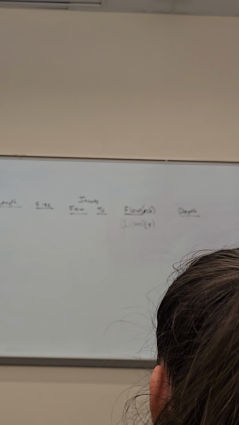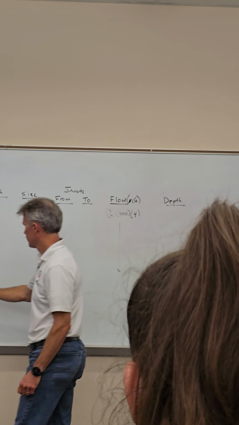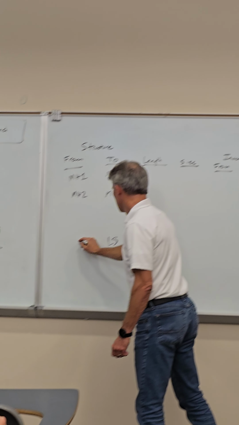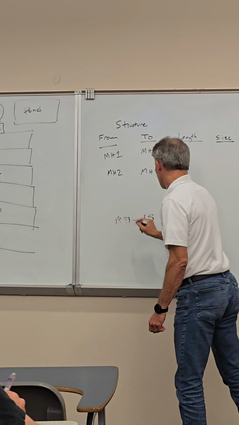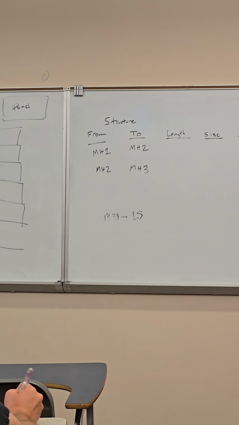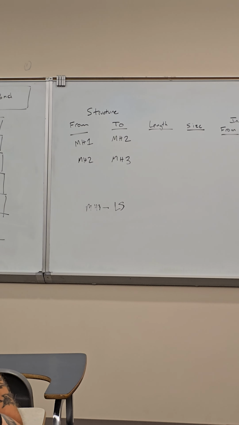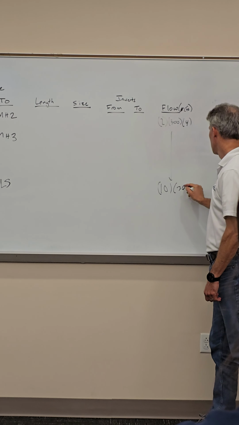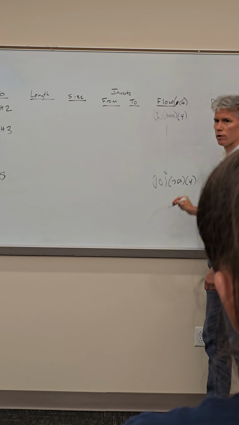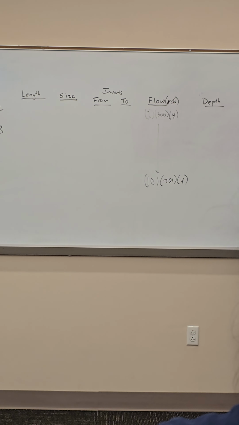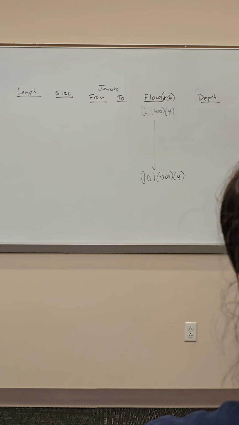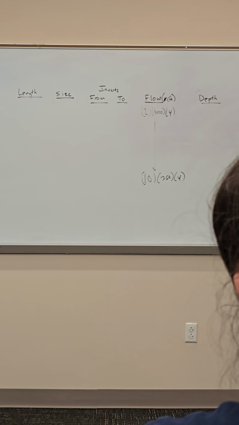So that's your flow. So as I'm going towards my lift station, by the time I get to here, in this case I have 10 lots, it's gonna be 10 times 300 times 4, right?